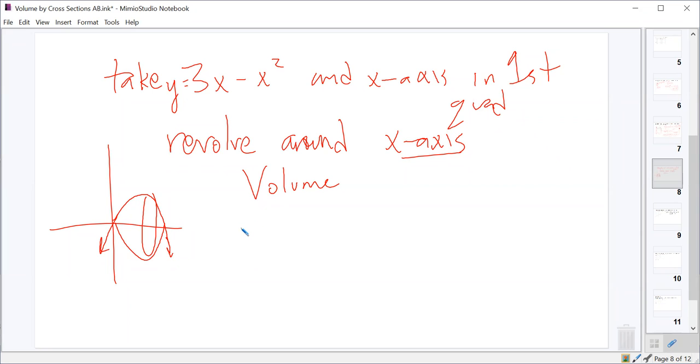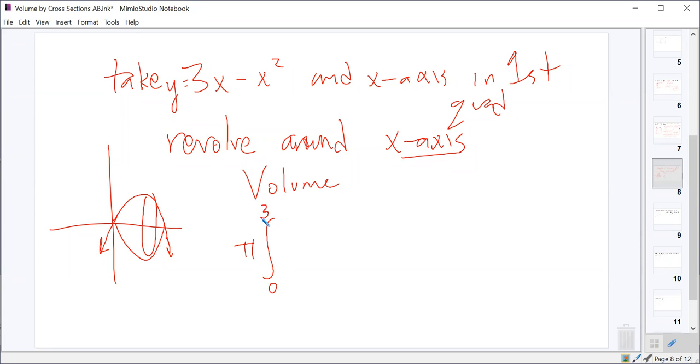All right, what should we do then? What is our integral? What should our integral be? We should have a pi, right? Where are we going to integrate from? 0 to 3.